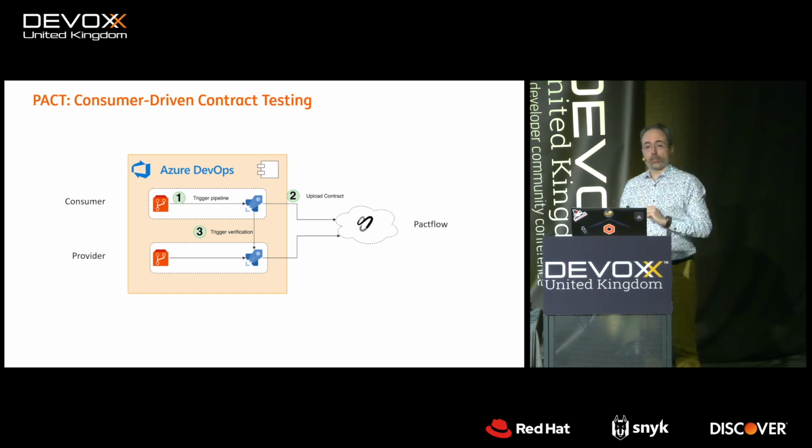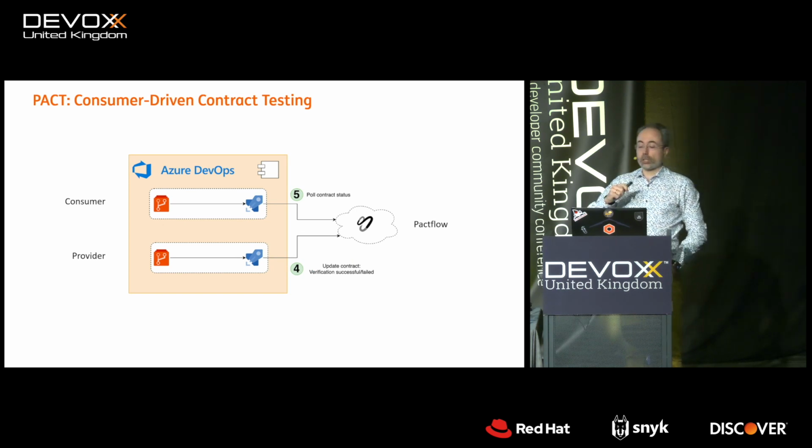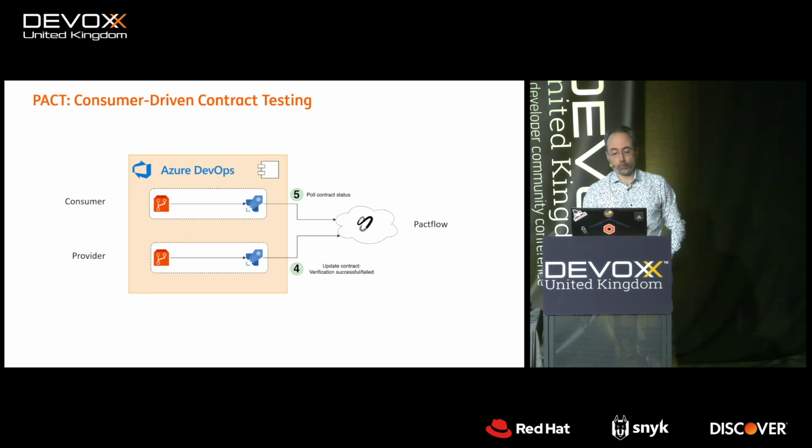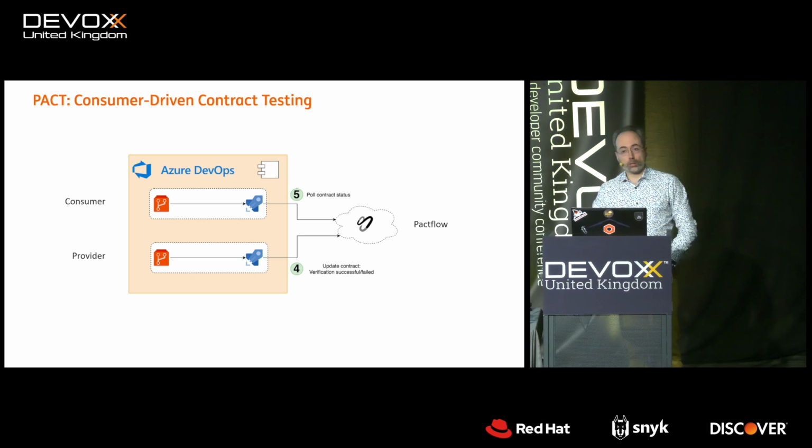Those pipelines on the provider side are going to run tests against that contract. The test results are going to be uploaded to Pactflow, and the consumer pipeline will then receive those results and will decide whether it can move forward or not.